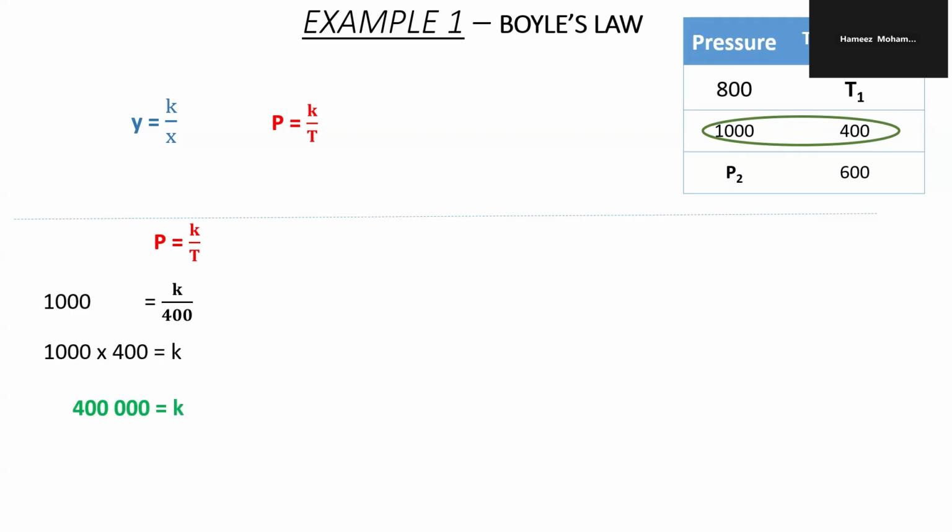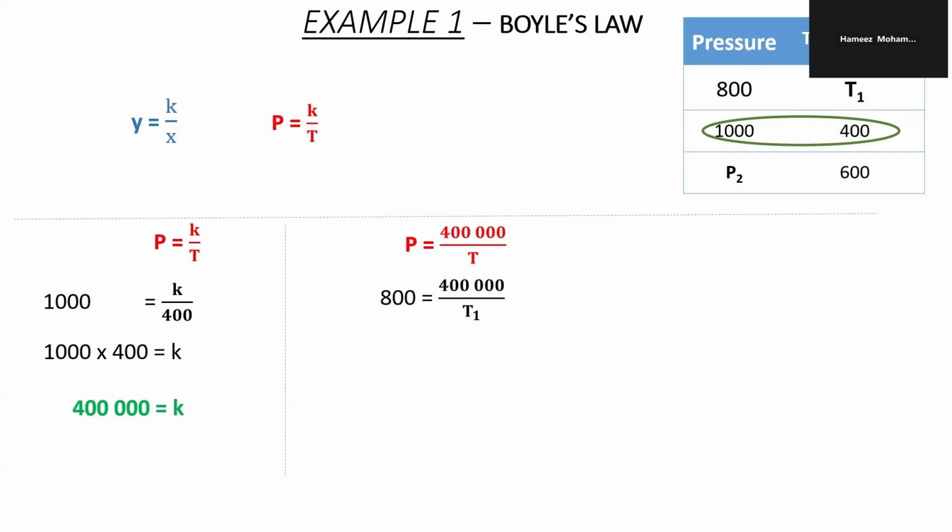And then, if we found K, now we rewrite our formula. Pressure is equal to K, 400,000 over T. Then, think about the first line. What can we do? We know pressure, and we want to find temperature.